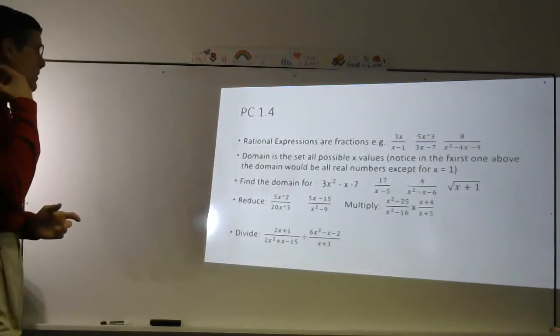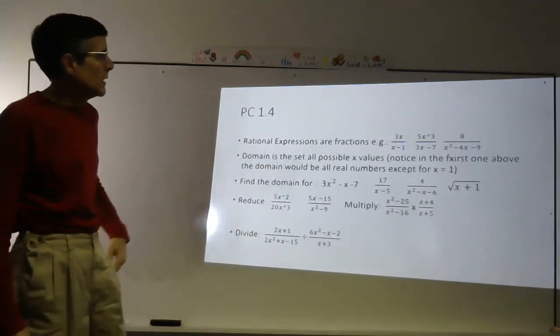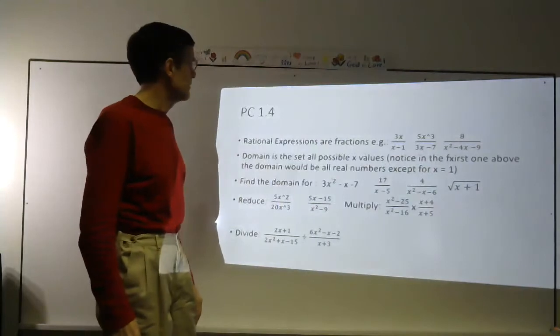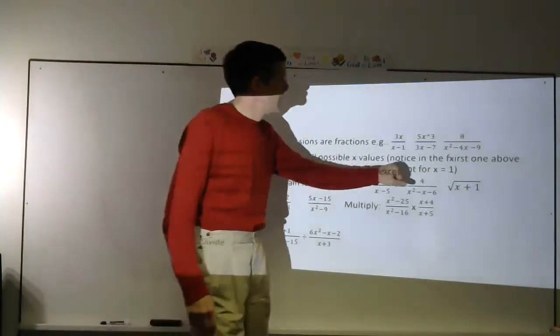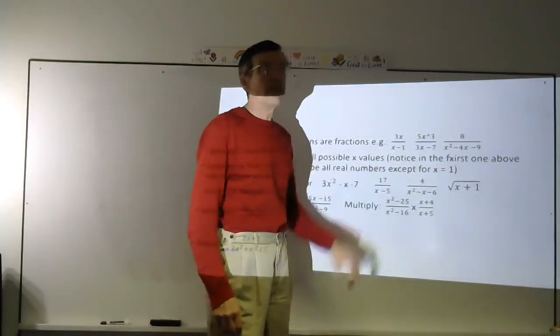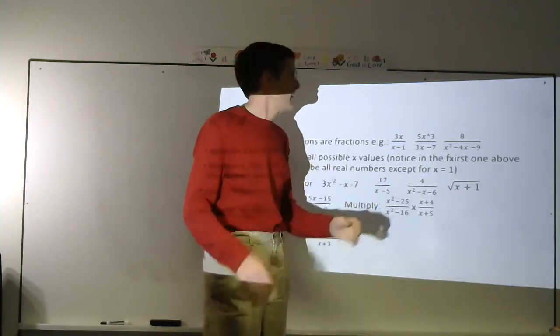The first thing we want to talk about today is the domain, the set of all possible x values. Pardon my misspelling up there. Notice in the first one above, the domain would be all real numbers except for 1. So the first one here, what can x be?